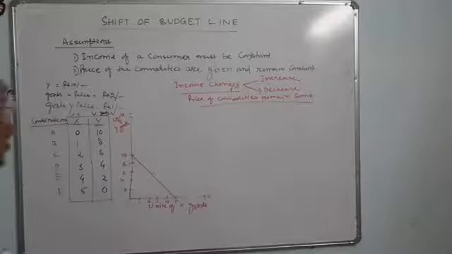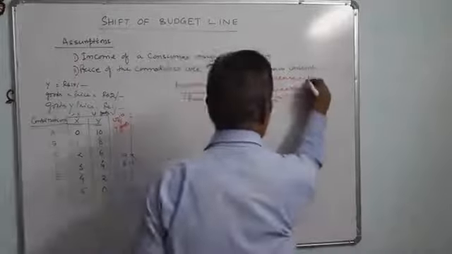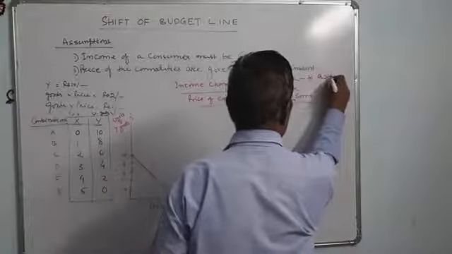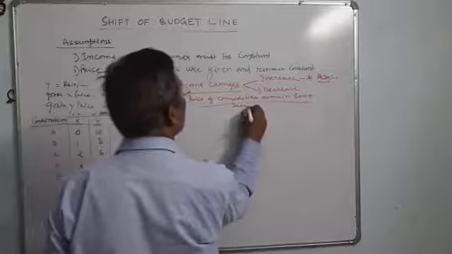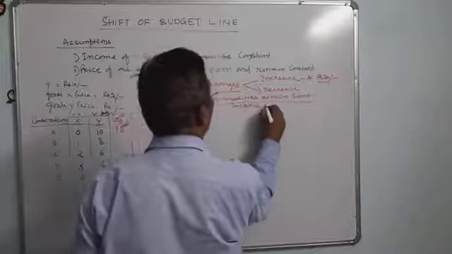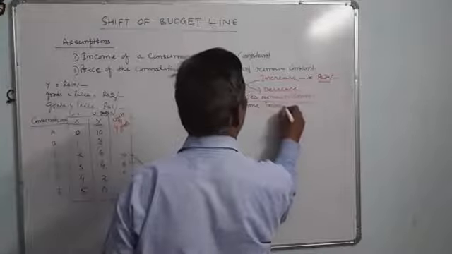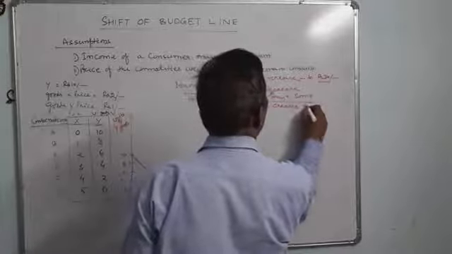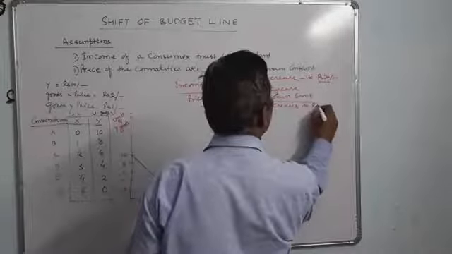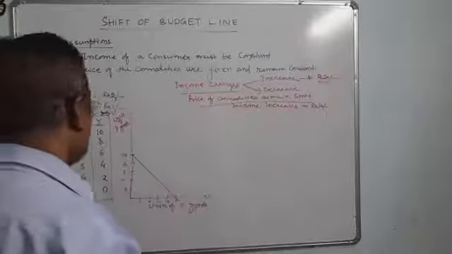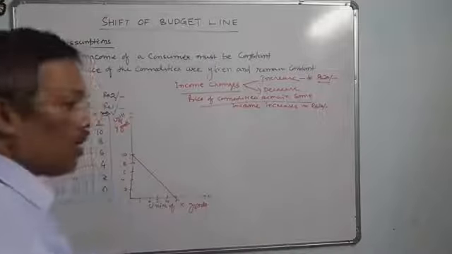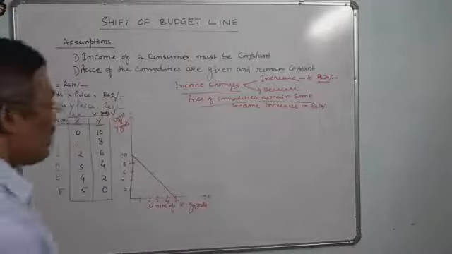Suppose income increases to ₹20 from ₹10. So what will the quantities demanded be?